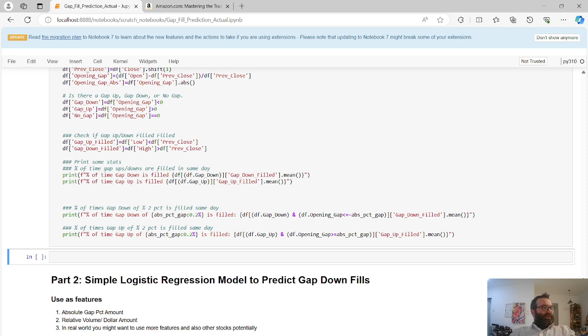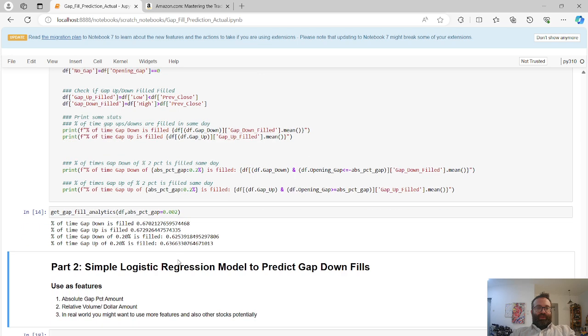So as an example, because SPY is way less volatile than Tesla, let's say we have a gap of instead 0.2%. We do this and we see the gap of 0.2% is filled 62% of the time. That's actually a really good win-win, by the way. If you get a 0.2% gap on SPY, let's say SPY is 500 a share, what's 0.2% of 500?